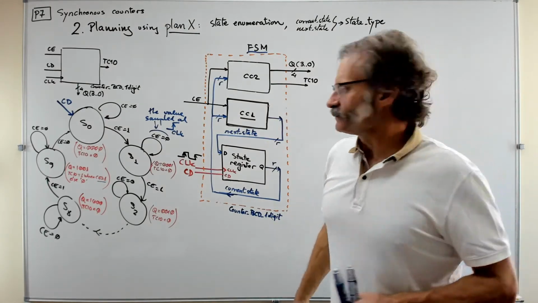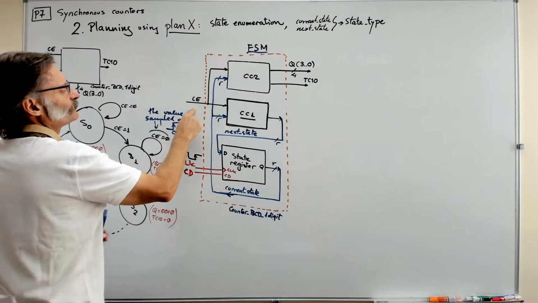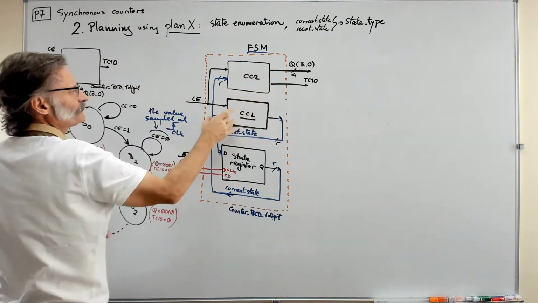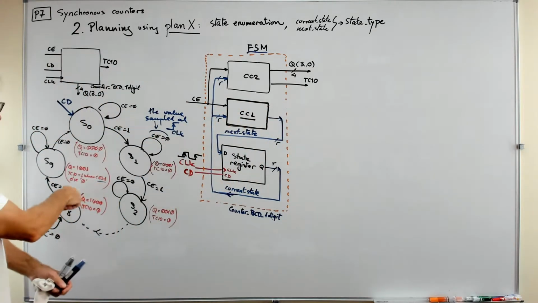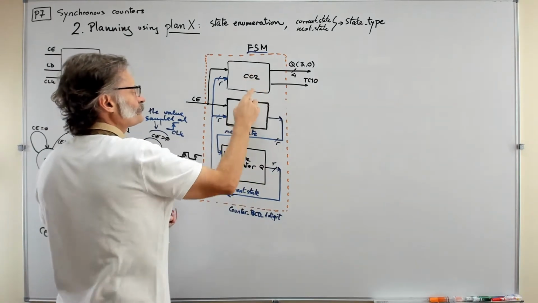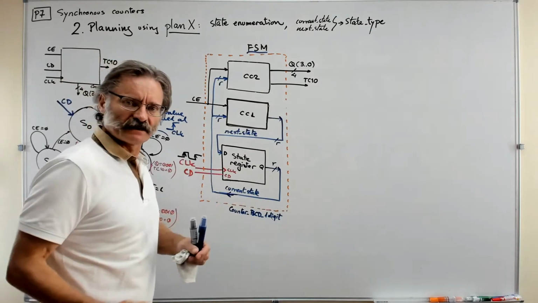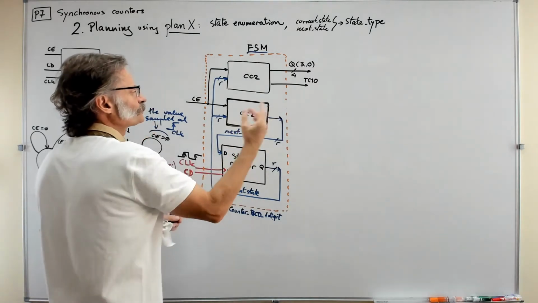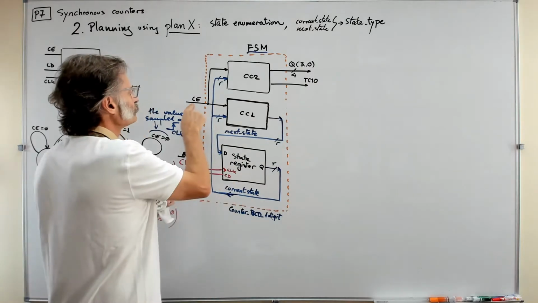So this time, it is like this. The control input goes to CC1 and CC2, because the TC10 depends as well on CE, like here in this state. But generally the inputs of CC2 and CC1 are nothing but the current state. The system is at 9, so the machine has to know what to do so that the next state is 0 or 9, depending on the count enable.